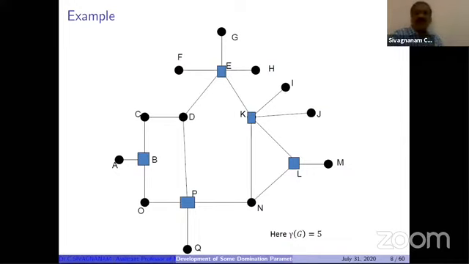And this is a minimum cardinality because there are pendant vertices available. G is a pendant vertex, meaning for dominating G, either we have to take E or G. So I am taking E.